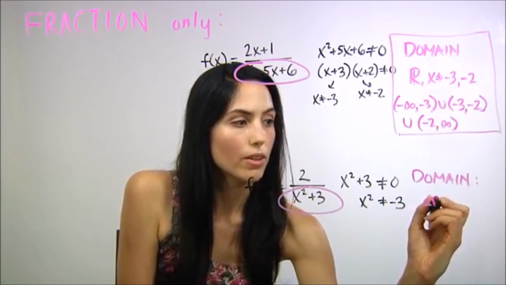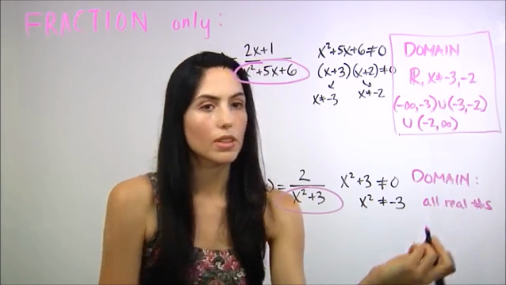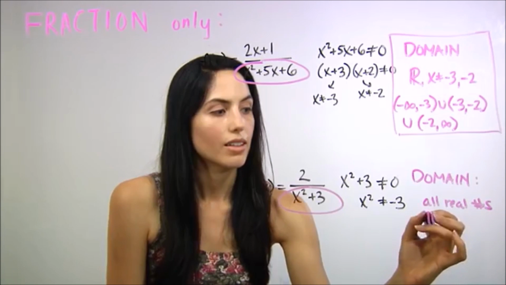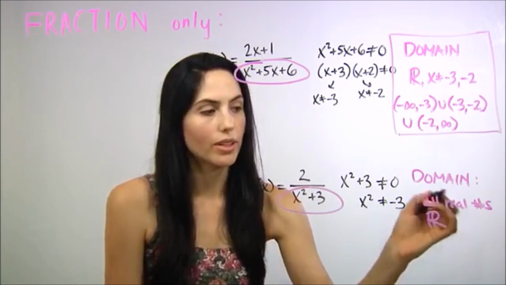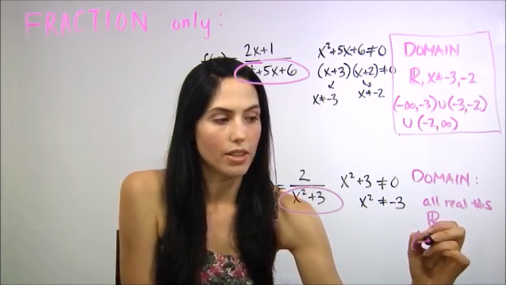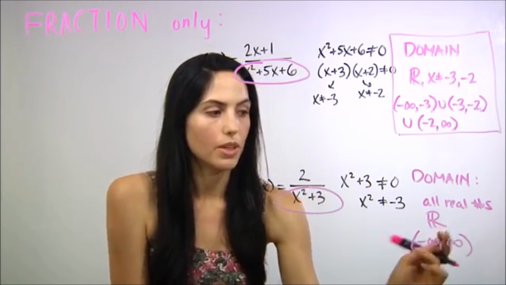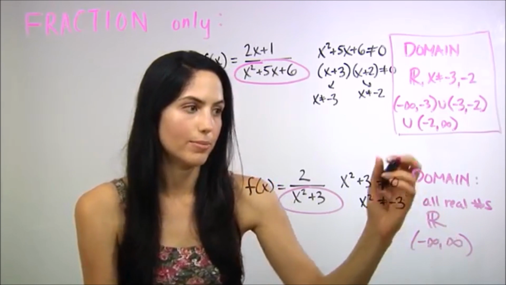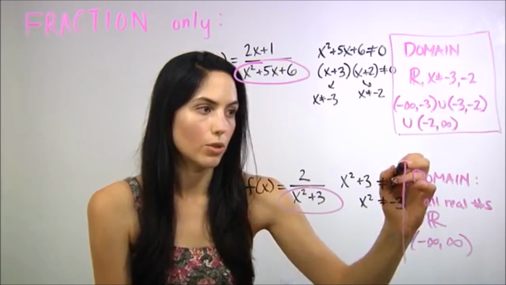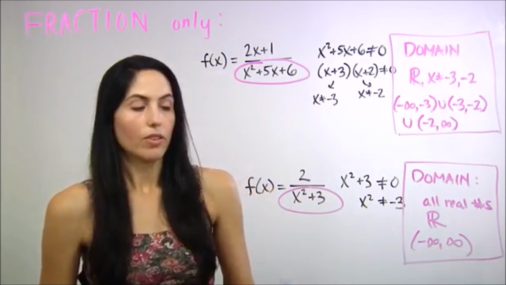You can say all real numbers, you could say capital R, the symbol for all real numbers, or you could say with interval notation everything from negative infinity to positive infinity, with parentheses on either side. So that would be your three ways of writing the domain for this fraction.